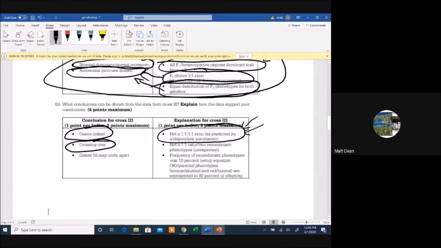And the third option that they give you on the rubric, the genes are 10 map units apart. That's something that most of you probably would never come up with, and you don't need to because you can get all your points from either one of these. But what that's talking about is how often genes cross over, that's a way to estimate how far apart they are.